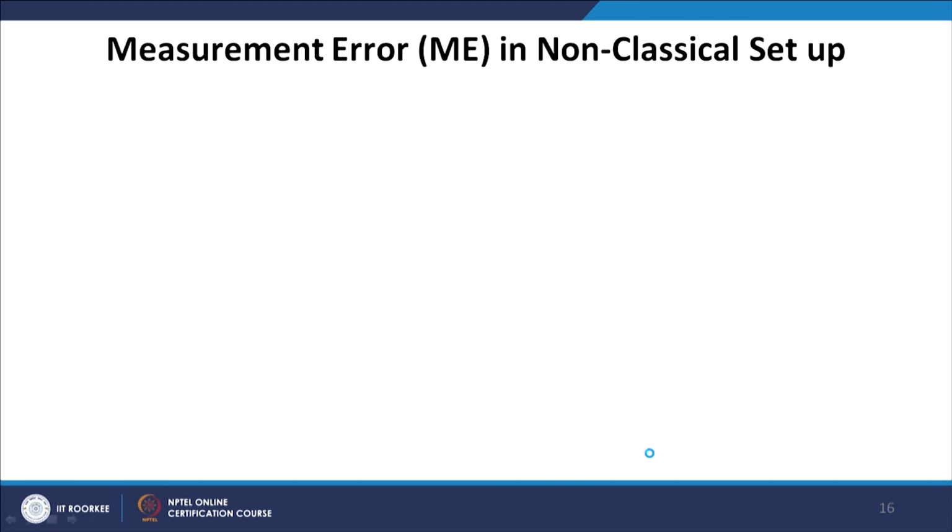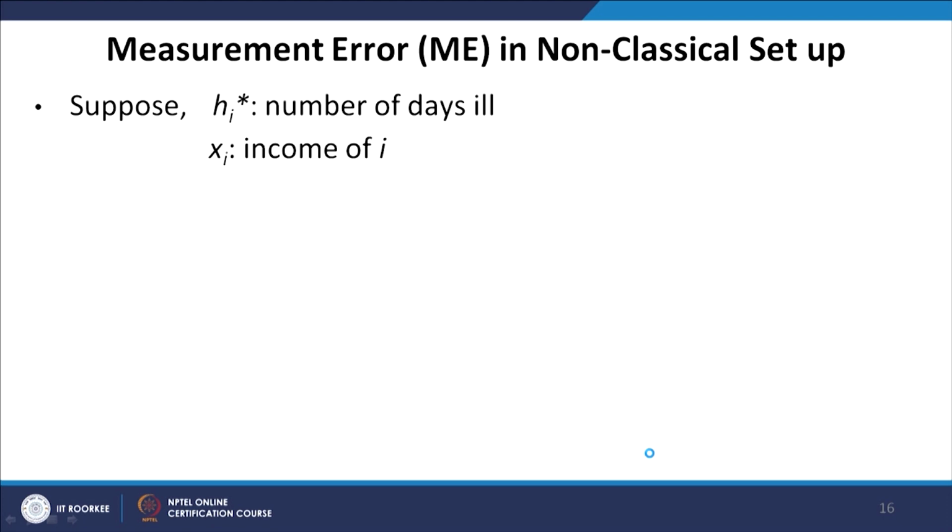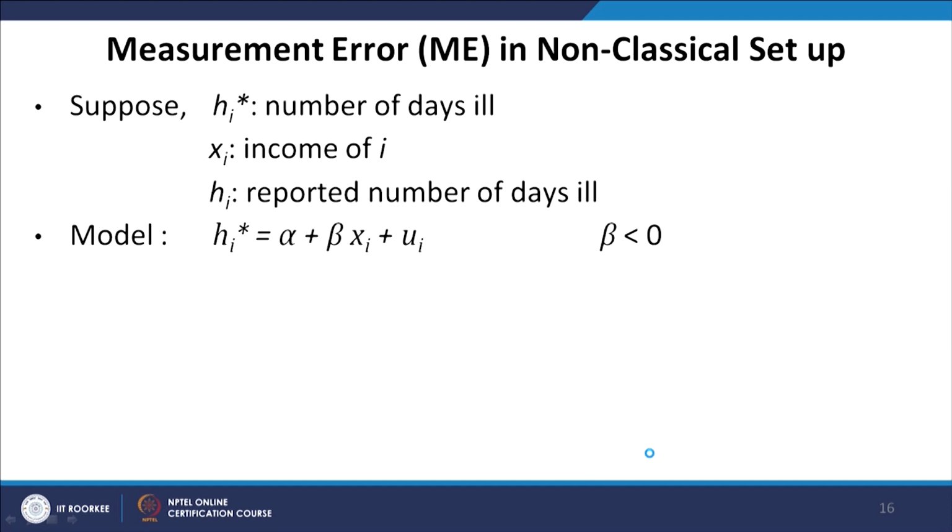Now, we talk about measurement error in the non-classical setup. Suppose h_i star is the number of days ill. I will explain why we call it a non-classical setup. Now, x_i is the income of individual i and h_i is the reported number of days an individual remains ill. So, the model is that the number of days ill is explained as a function of the income of individual i, where we expect beta to be less than 0.